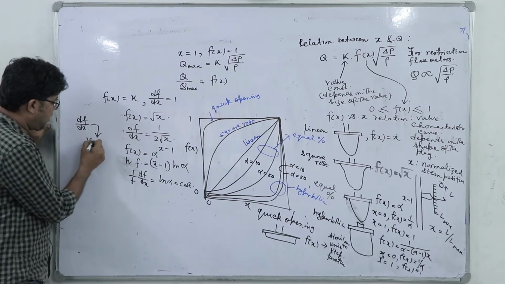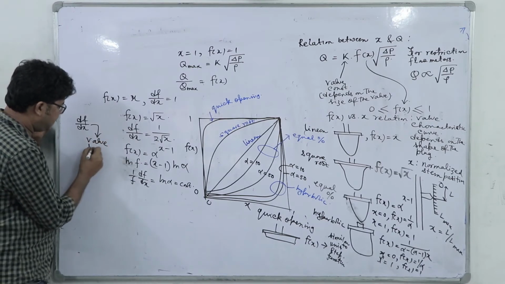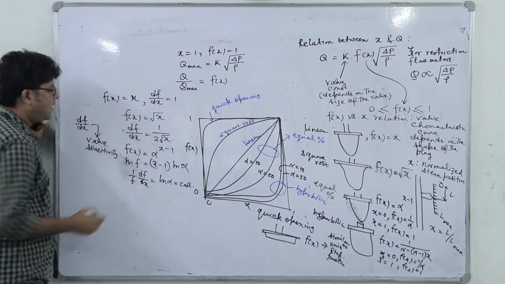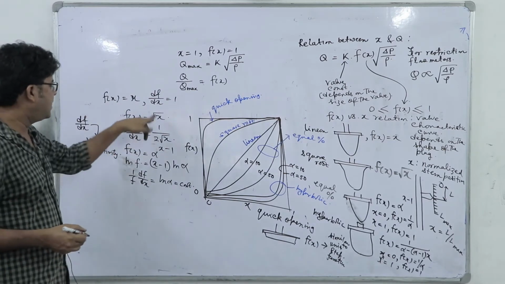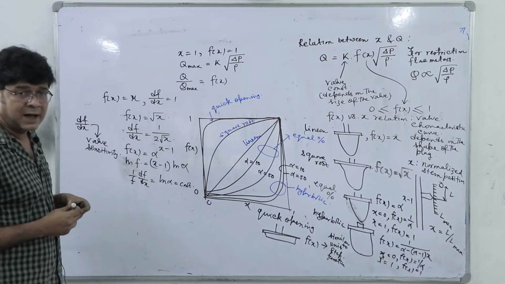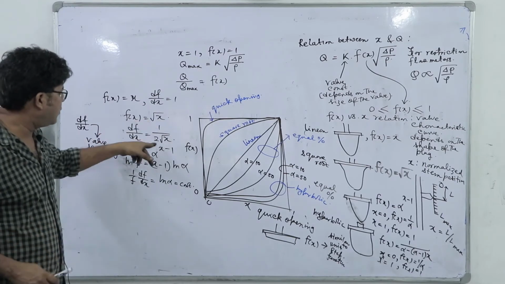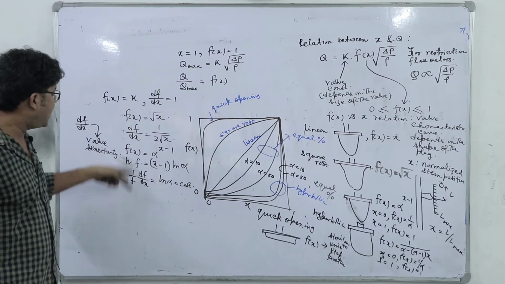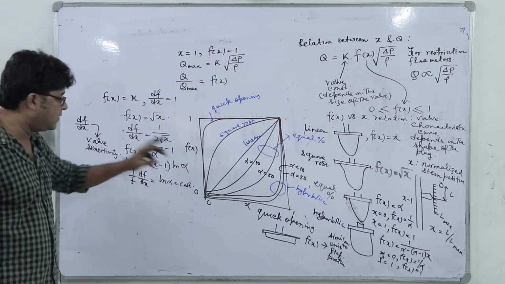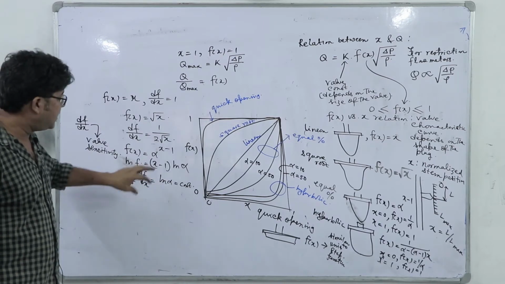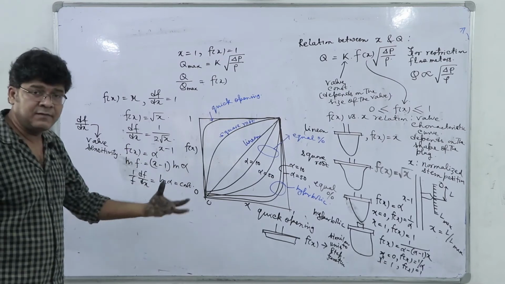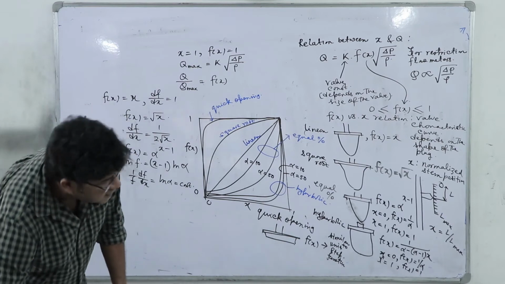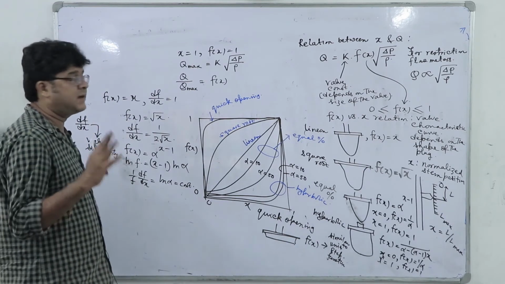So this is called the valve sensitivity. If it is just equal to 1, it is linear; if it is 1 divided by twice the square root of x, it is square root; and if 1 by f df/dx is constant, or df/dx is proportional to f, then it is equal percentage, right? So that much we have to know about the control valve right now.